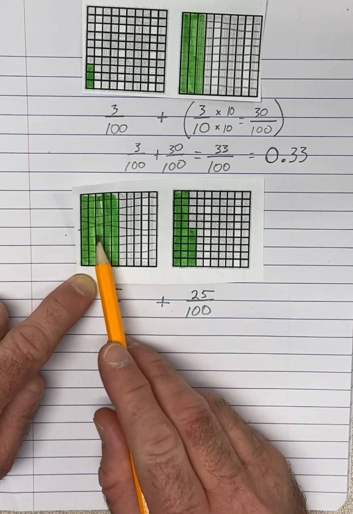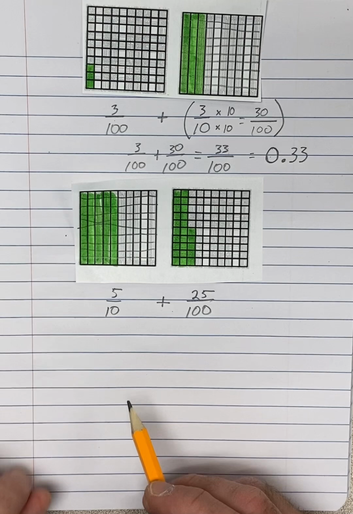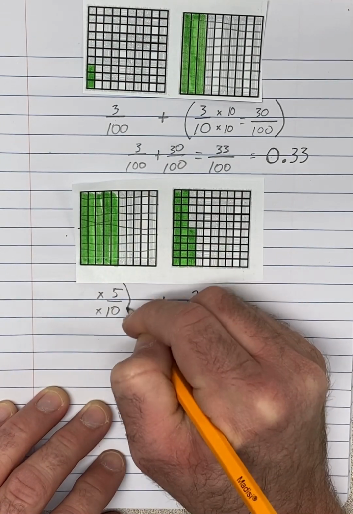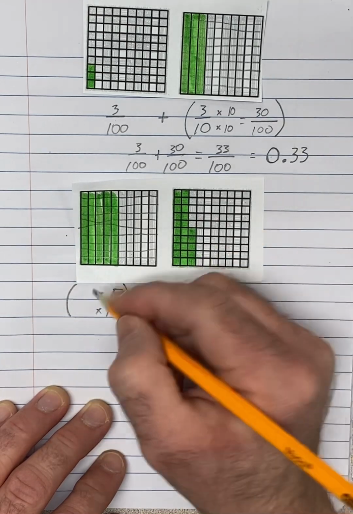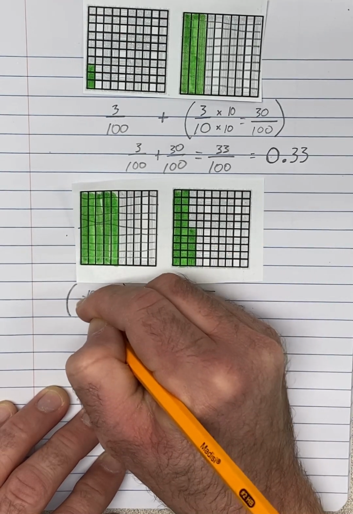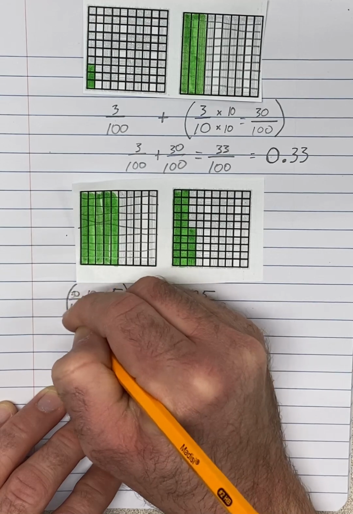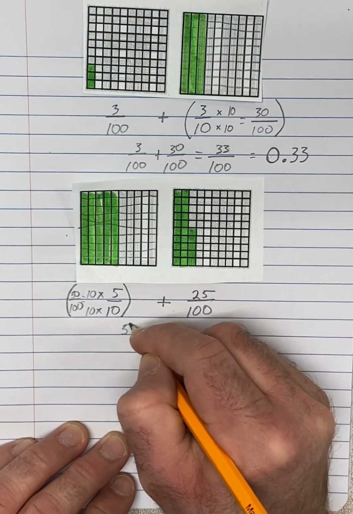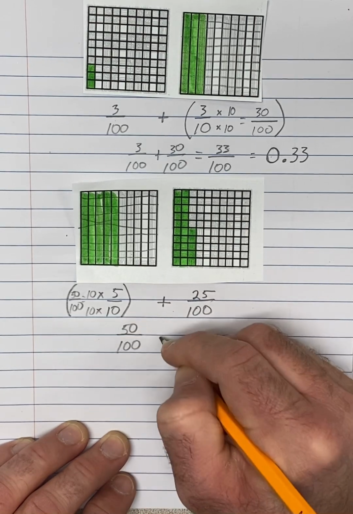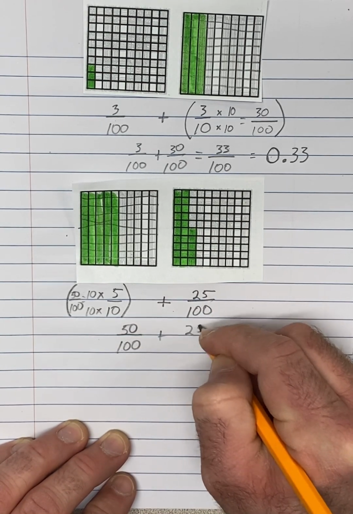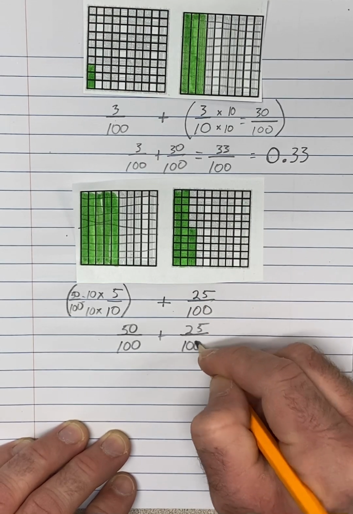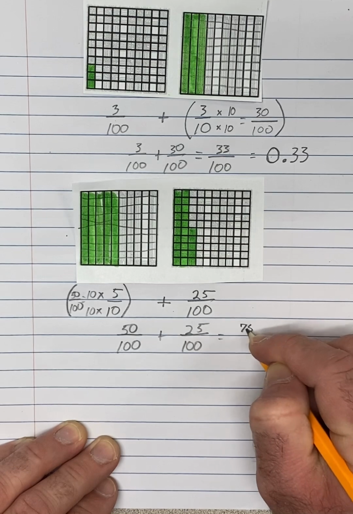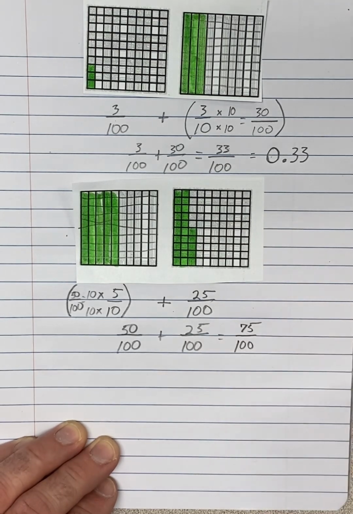And how many of the 100 are shaded green? It's 50, because I just multiplied each part by 10 and got 50/100ths. So now I've got like denominators, and I can add 50/100ths plus 25/100ths. 50 plus 25 equals 75/100ths.